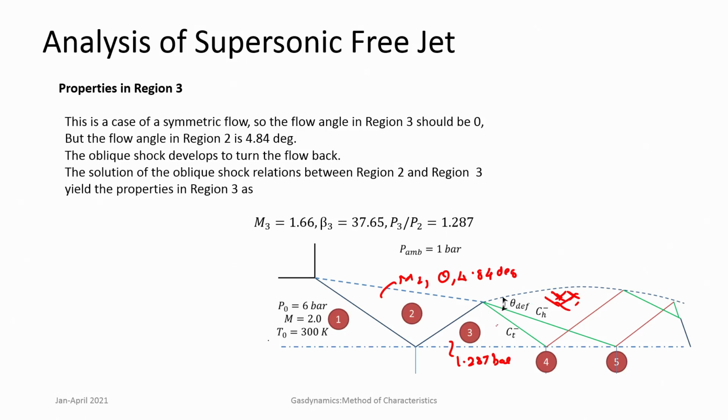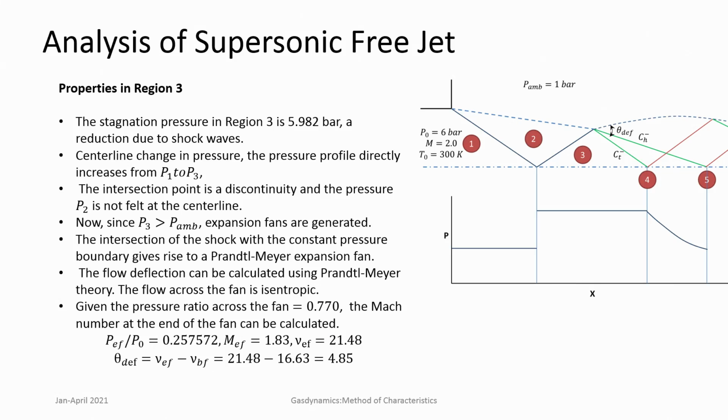1 bar. So, across these 2 points, the regions between 3 and the region that is represented over here, we will have an expansion fan, and that expansion fan can be solved using Prandtl-Meyer theory. Here Prandtl-Meyer expansion is an isentropic expansion, and we need to find what the stagnation pressure in region 3, P03, is.